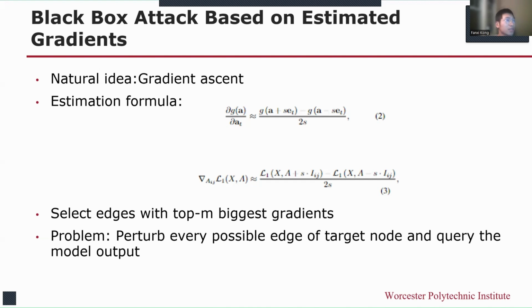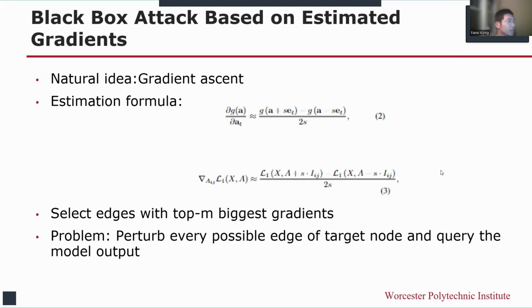By using this formula, we can get the gradient of the loss function L with respect to the ij-th element of the adjacency matrix, approximated by the formula below. Using this, we can obtain the gradient of the loss function with respect to every single element of the adjacency matrix.